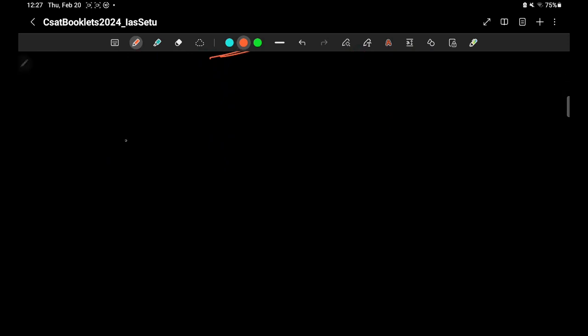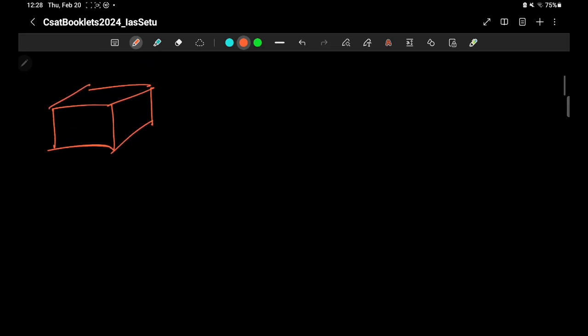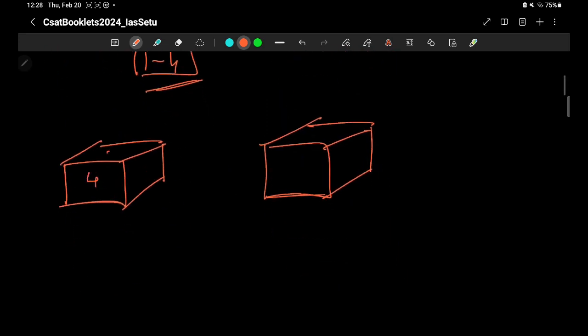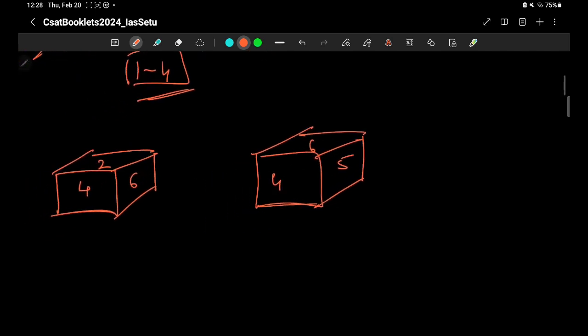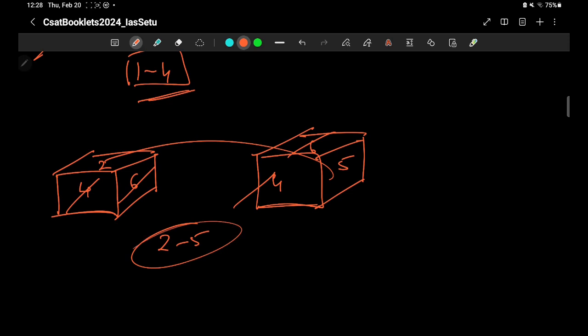And suppose there's one more case like this: 4 2 6, 4 6 5. Now in this case, you can cancel 4 4, 6 6, so 2 and 5 are opposites. Okay, got it.